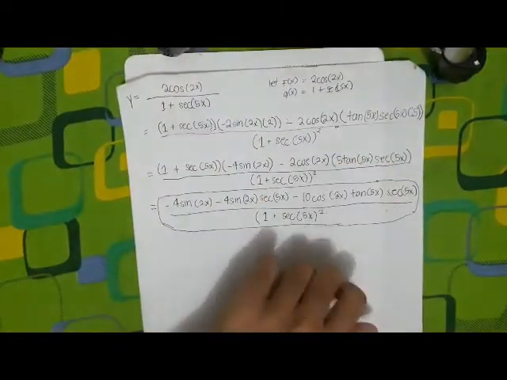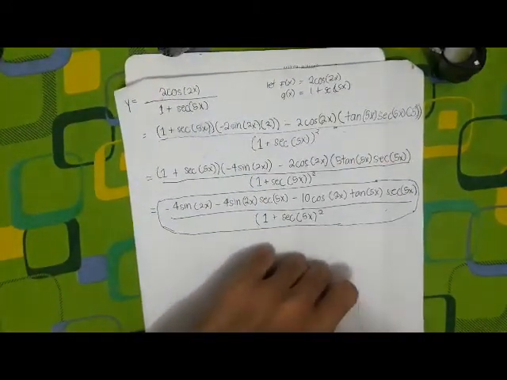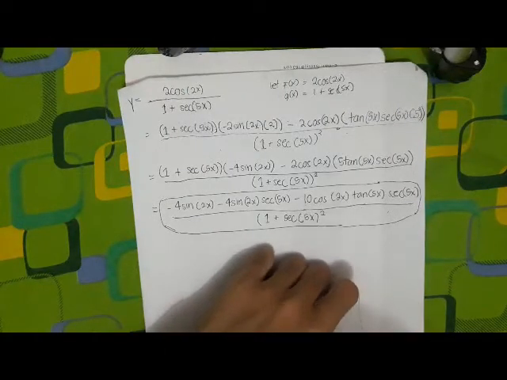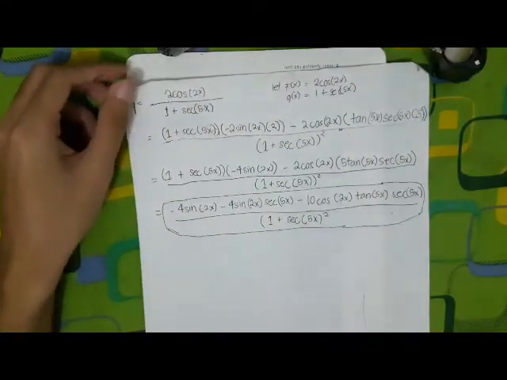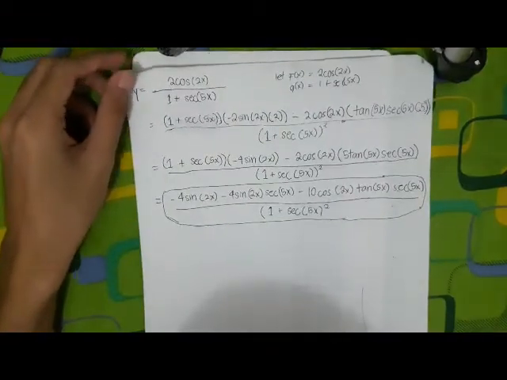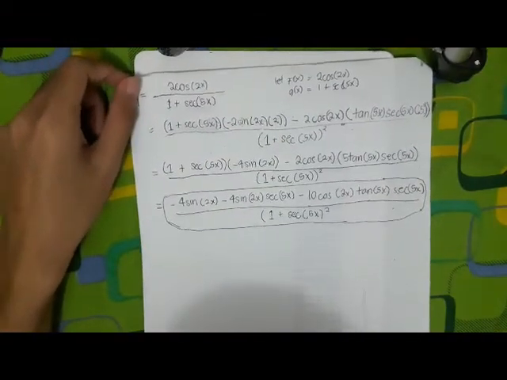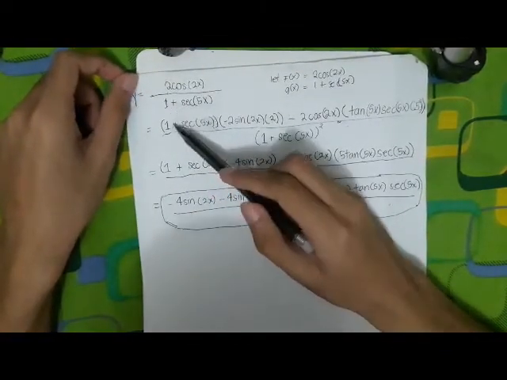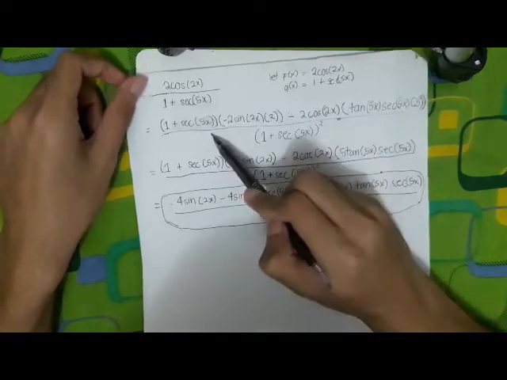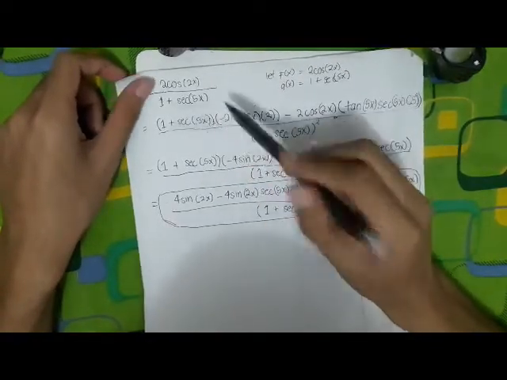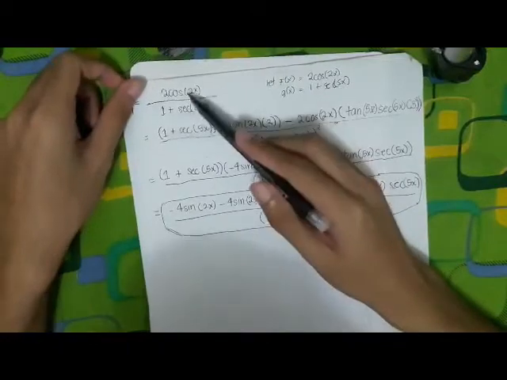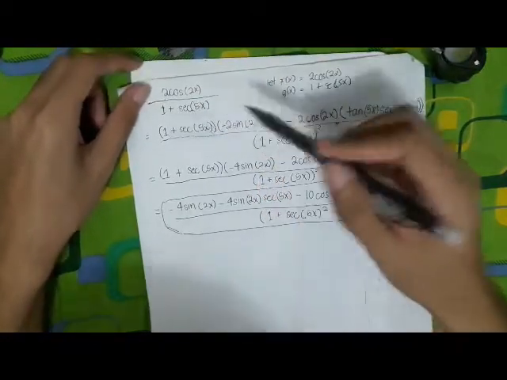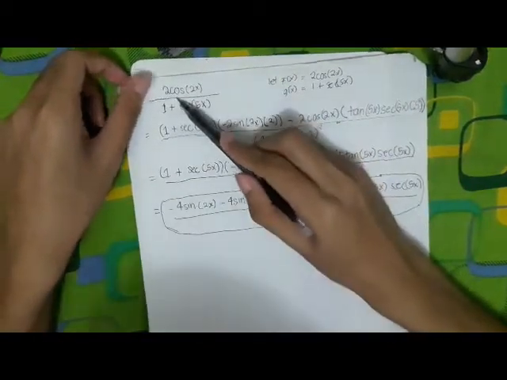Deriving a trigonometric function. Here I have a trig function of y is equal to 2 cos 2x over 1 plus secant 5x. Now in this equation, the rule that must be followed is the quotient rule: g of x, which is 1 plus secant 5x, times the derivative of f of x, where f of x is 2 cos 2x.